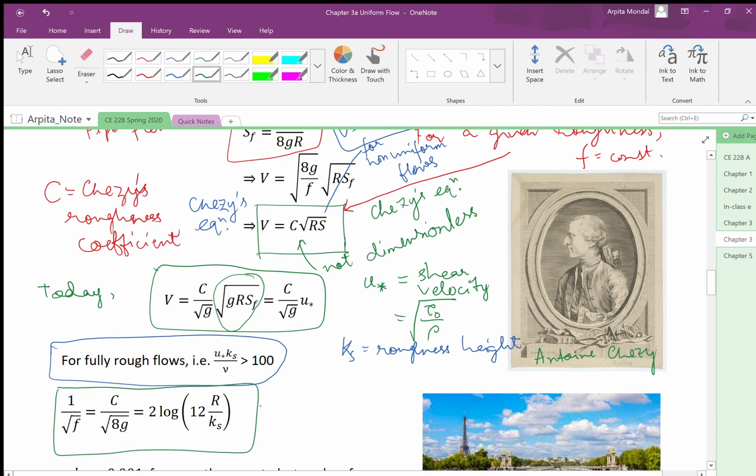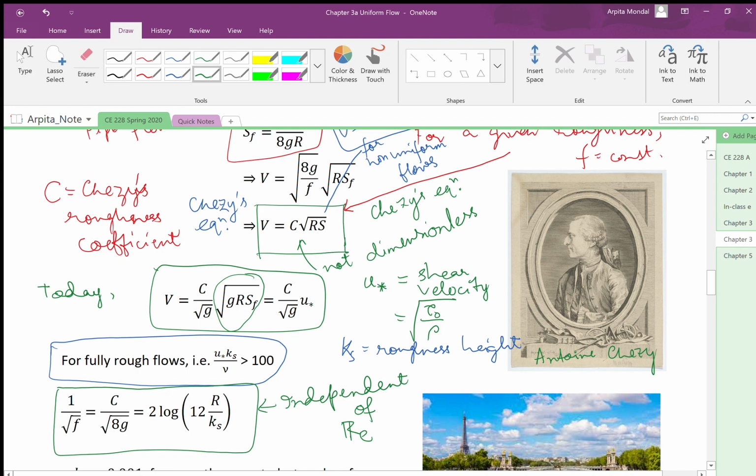And here, as expected, when you have fully rough flows, the friction factor is independent of Reynolds number. So it depends on the hydraulic radius and the roughness height.